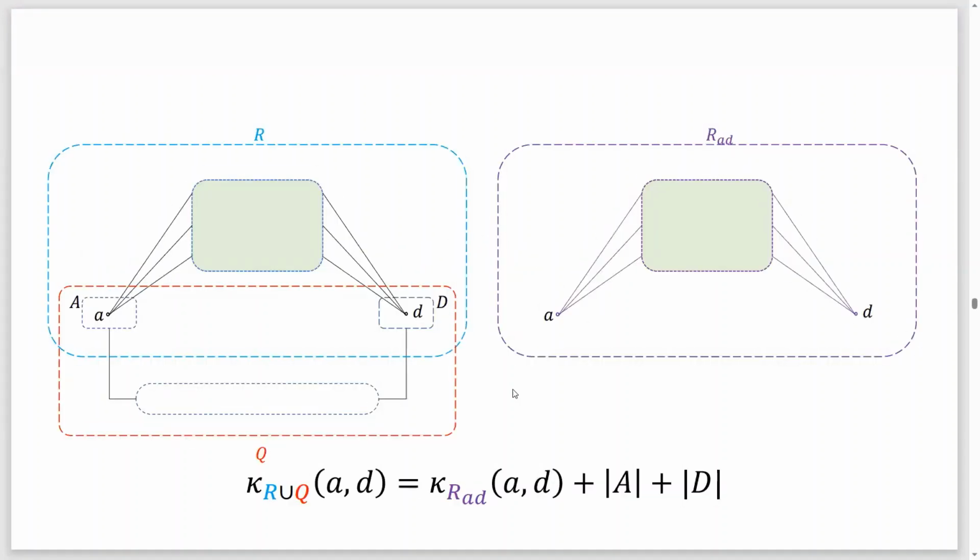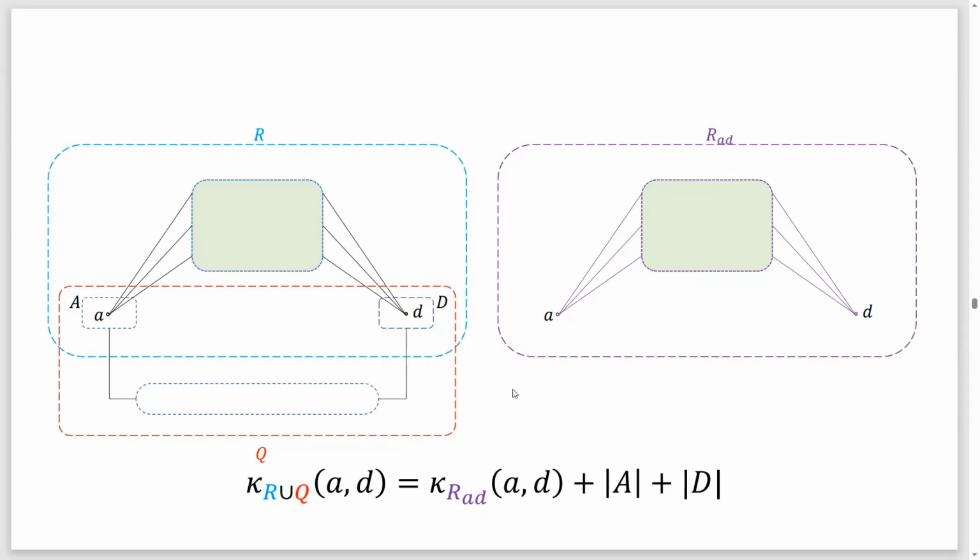So we begin our introduction of the source-sink isolating gadget. We can view the graph on the left, that is R. We first have any graph R with two sets, the source set big A and the sink set big D. There's a source-sink pair A and D between which we wish to compute the vertex connectivity.